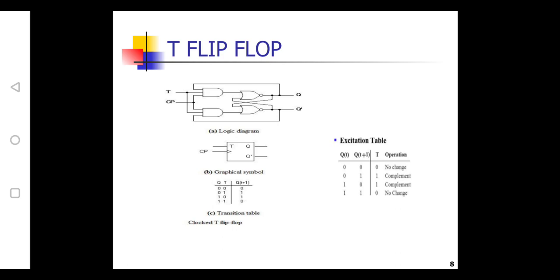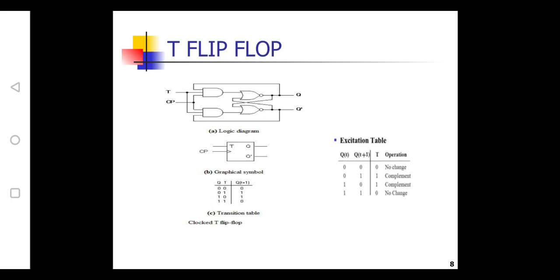If we remember, in case of an XOR gate, if at least one of the inputs is 1, or if there is an odd number of ones at the input, we get output equal to 1. So we can say that the transition table of a T flip-flop is equivalent to the truth table of an XOR gate.